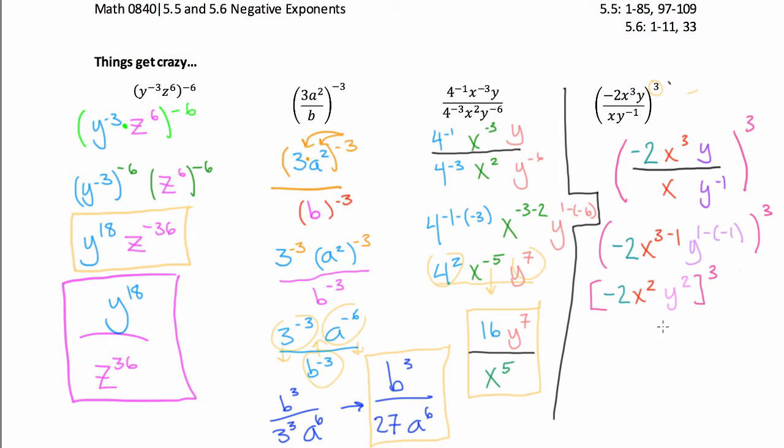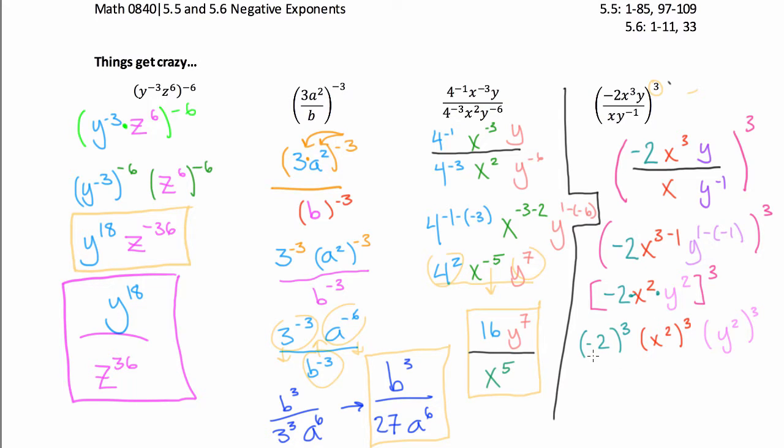So I have negative 2 to the power of 3. And the reason I'm doing that is because all of these things are connected by multiplication. So x squared cubed, and then y squared cubed.